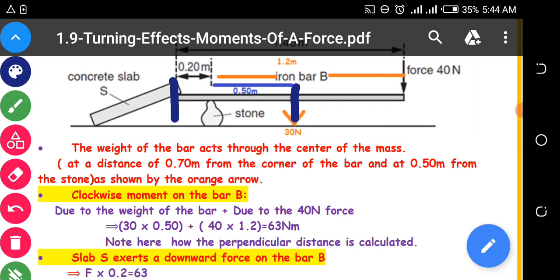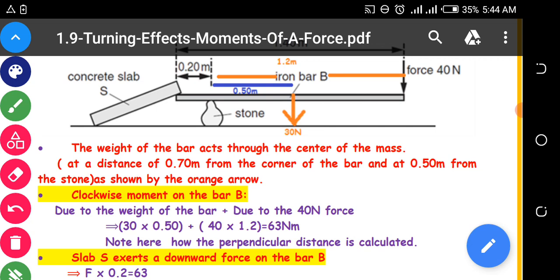But the moment of this 30 Newton force is acting with respect to the pivot.